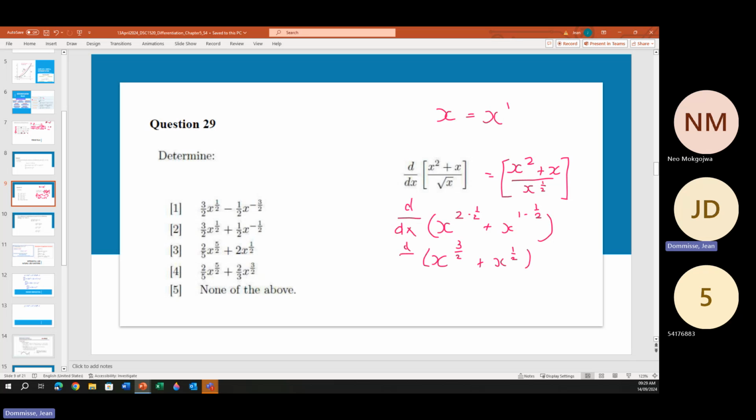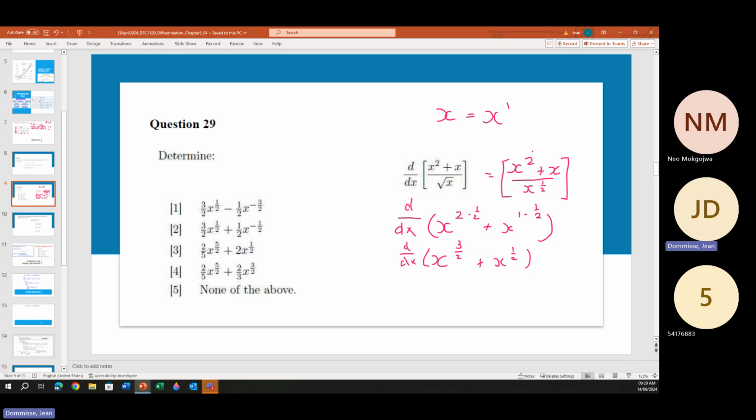So we didn't need to use the quotient rule. We first simplify, and you're allowed to do that when you have the x's that you can simplify into both.